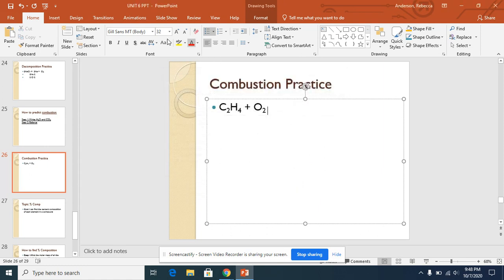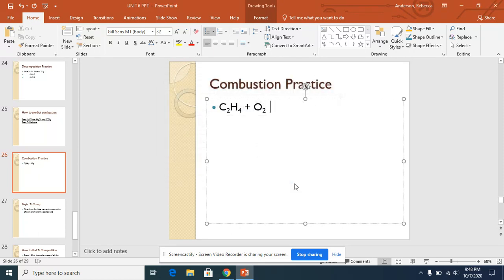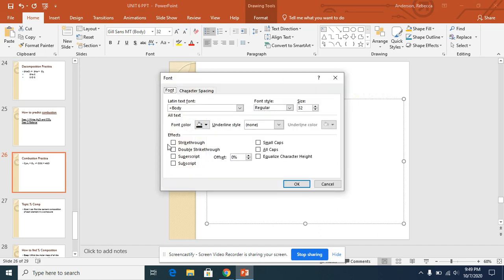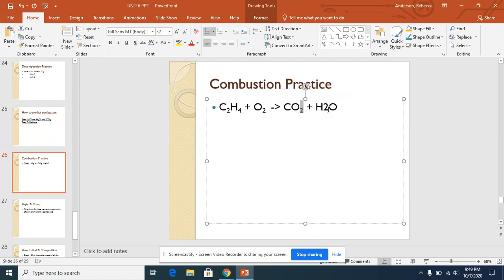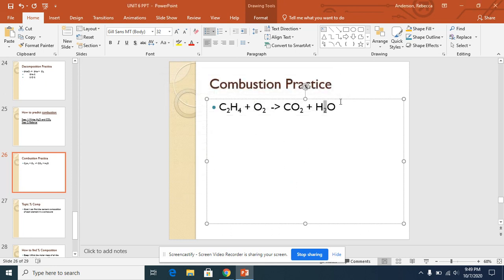Alright, and then we will have our yield sign. So here we know it's a combustion reaction because it has C, H, and O. So we just need to put CO2 plus H2O. And those are subscripts. That's it. Now we just need to balance.